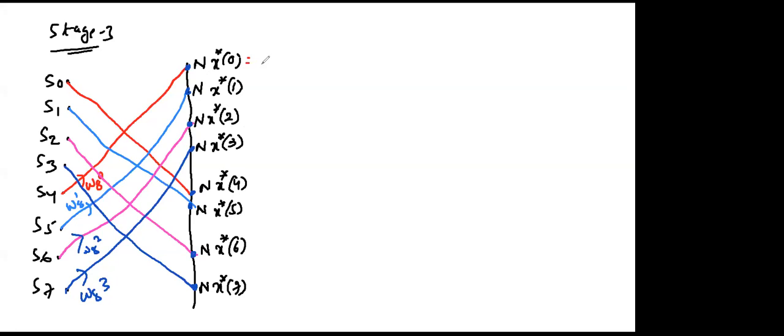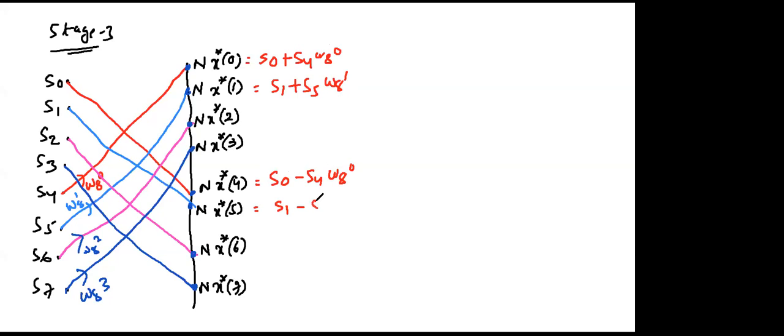Now say what is the first equation? It is S0 plus S4 omega at 0. Yes or not? And this is your S0 minus S4 omega at 0. Simple input and output of the first butterfly. Then see the second butterfly. It is S1 plus S5 omega at 1.